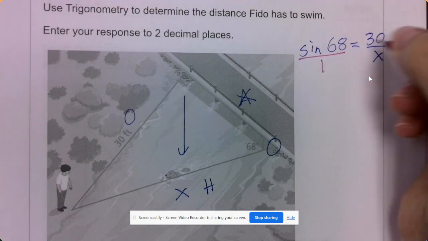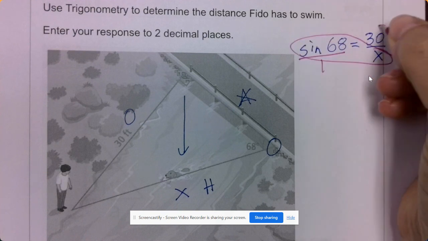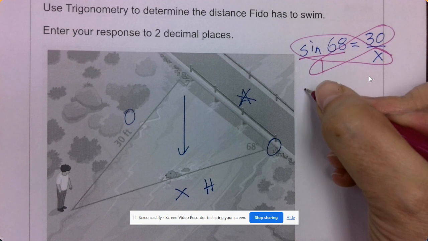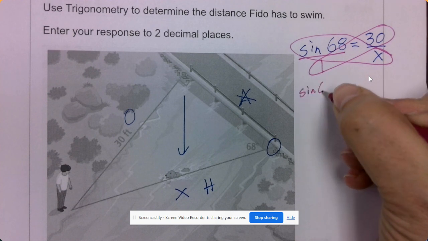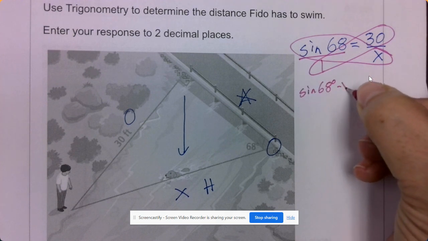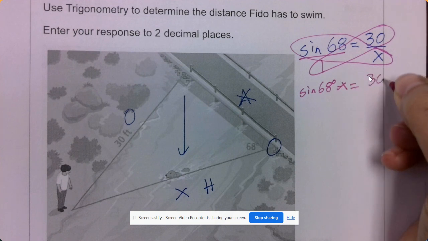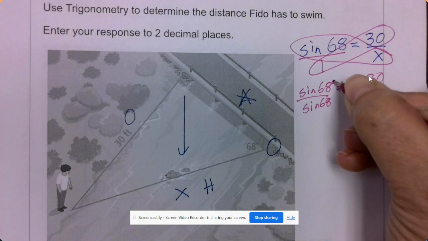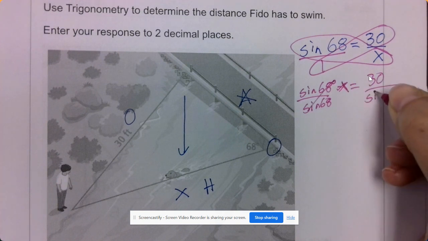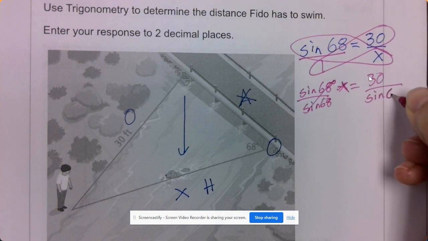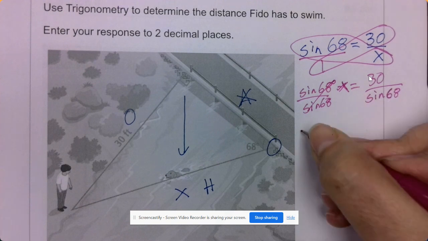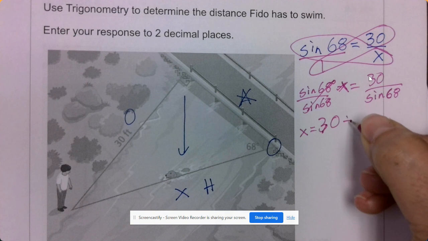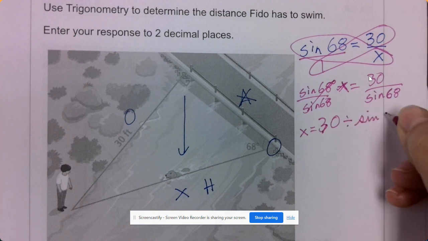Put it over 1. We're going to cross multiply and divide. If the variable's in the denominator, we're going to divide. So we get sine of 68 x is equal to 30 divided by the sine of 68 degrees. So then in the calculator, you're going to put 30 divided by the sine of 68.